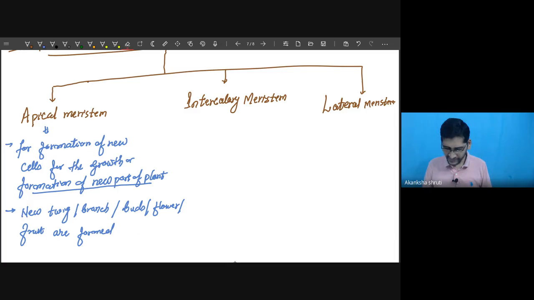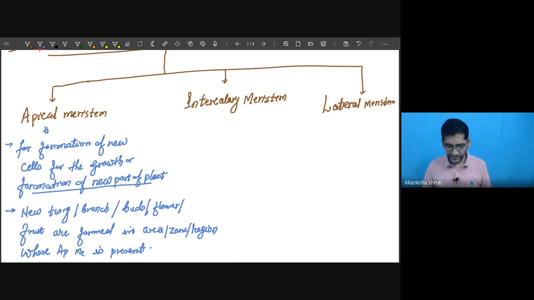So the area, zone or region of the plant where apical meristem is present.